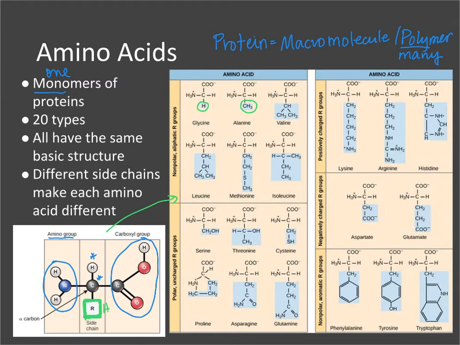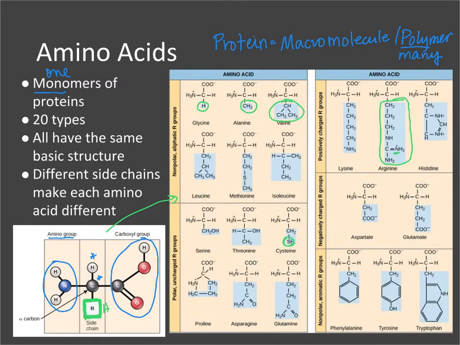And you can see that valine is even bigger, and it actually has a little bit of branching going on. This R chain, or side chain, can be a long branch of carbons and hydrogens. You can see that there are also some nitrogens here. Sometimes there are some sulfurs in this side chain.